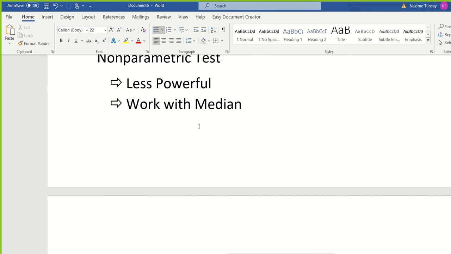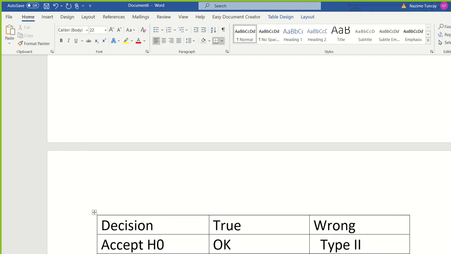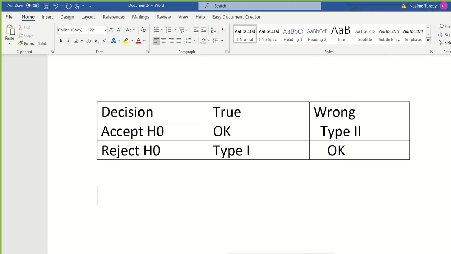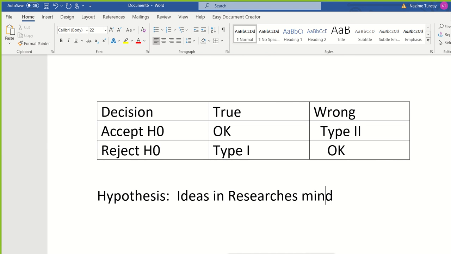From here, yes, let us talk about hypotheses. Hypotheses are important. Hypotheses are the ideas that we have at the beginning. These are the ideas in the researcher's mind at the beginning.